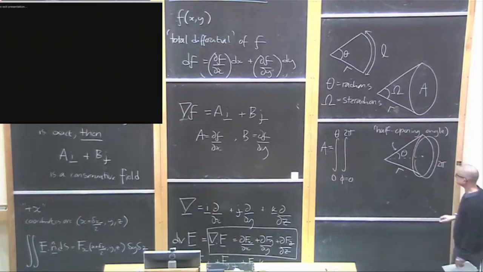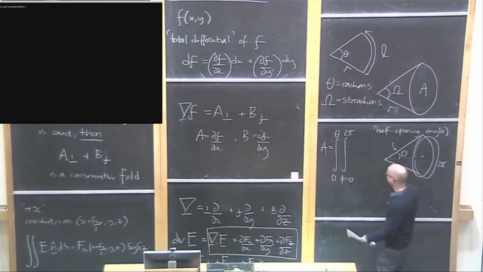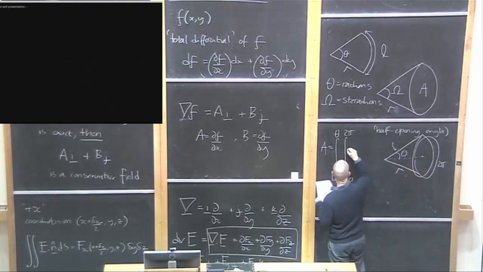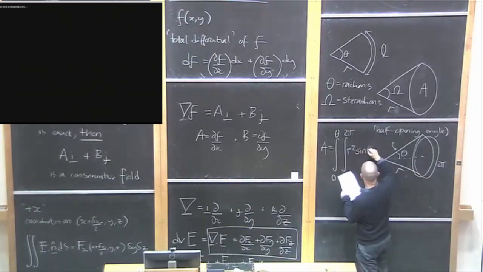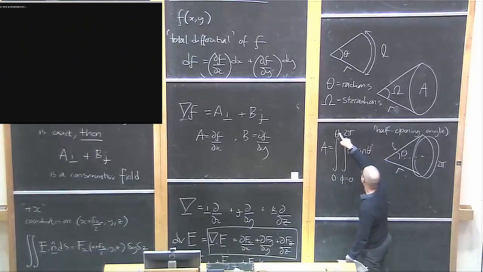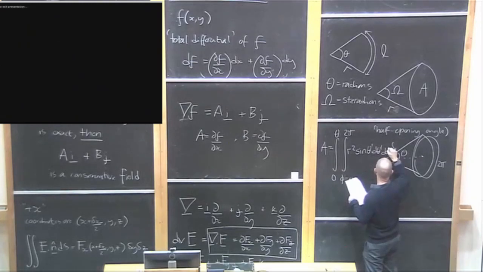Okay? So you can see, if you think about it, that this area is going to be the integral round here, the full 2 pi, with my angle going between 0 and theta, where theta is just half of the total opening angle, of the surface element in spherical polars, r squared sine theta prime. I'm using theta prime here because theta is some constant that I want to evaluate for, d theta prime d phi.